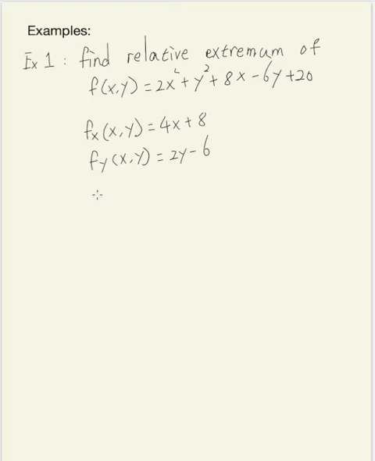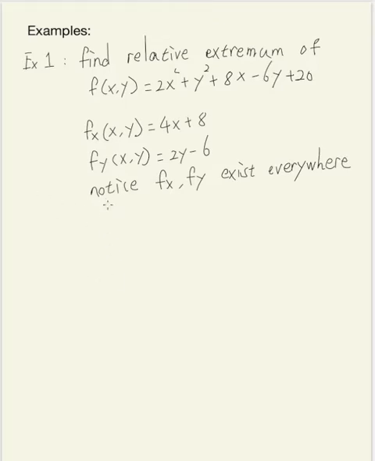So immediately we notice that f partial x and f partial y exist everywhere. That means there are no critical points characterized by partial derivatives not existing. Okay, so we only have to worry about the partial derivatives being 0.